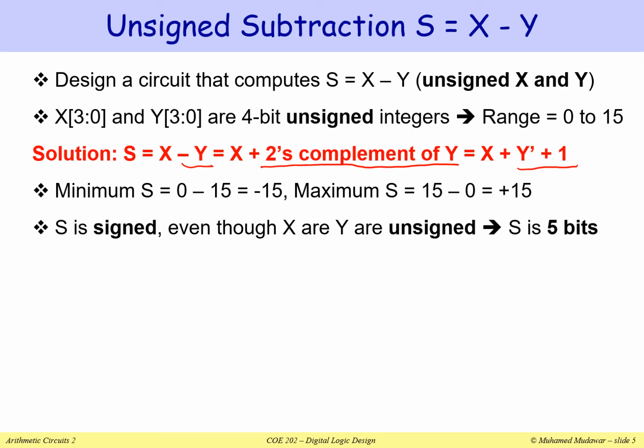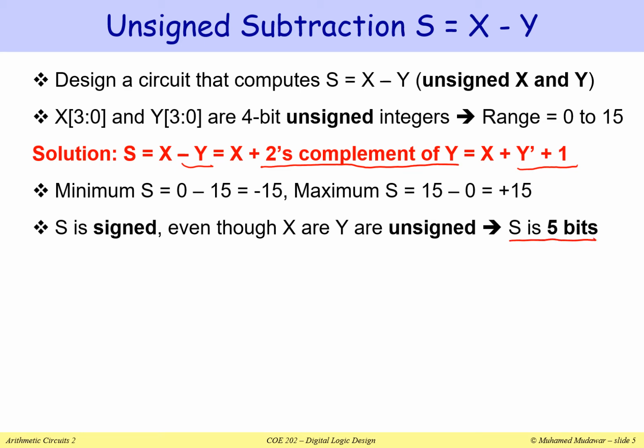So the sum can be negative and it can be positive, even though x and y are unsigned. So now if I would like to represent the range from negative 15 to plus 15, I need 5 bits. So s must be 5 bits.